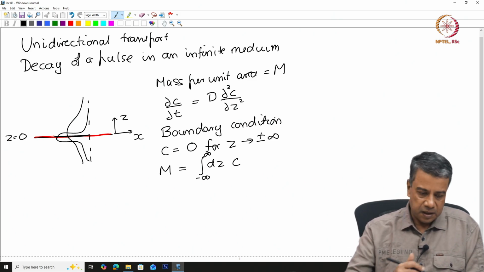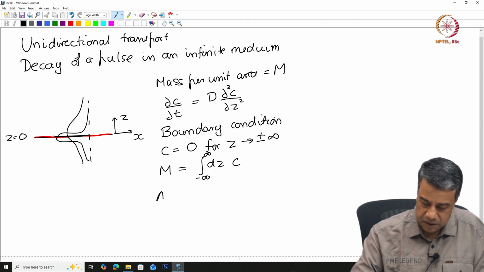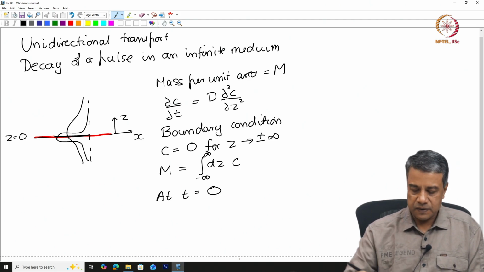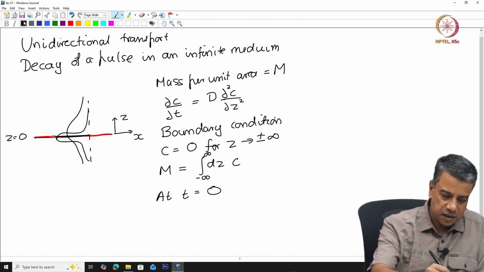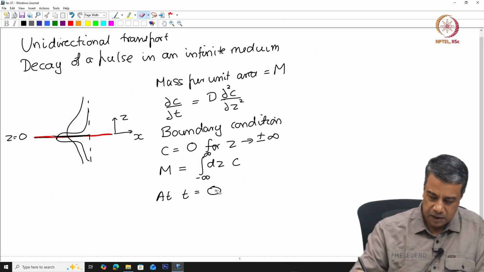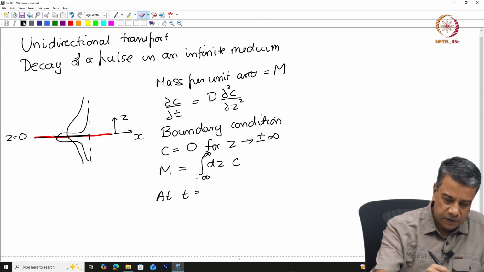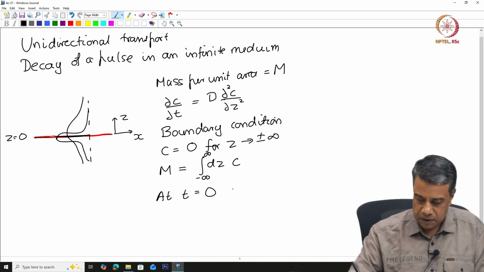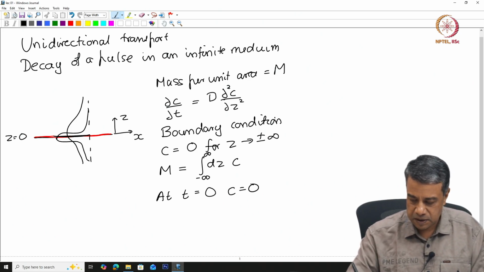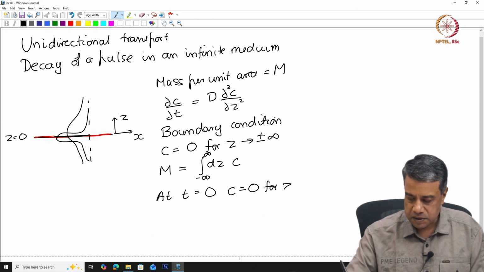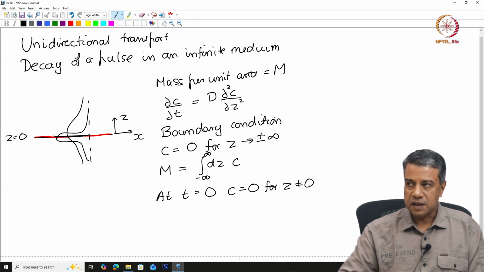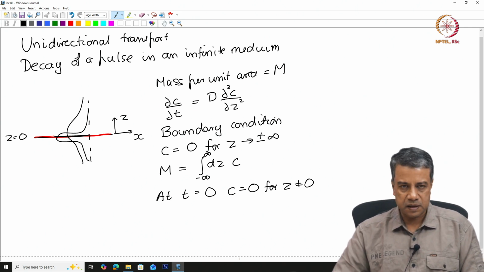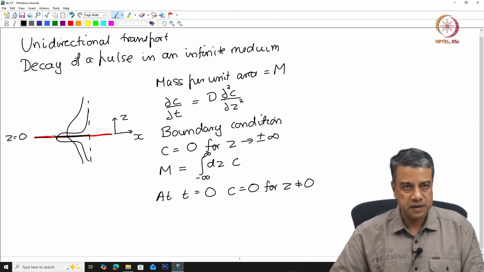And you also have an initial condition, at t is equal to 0, when you have just injected the mass into this domain, the concentration is equal to 0 for z not equal to 0. That is, any location where you have not injected the mass, the concentration there has to be 0.